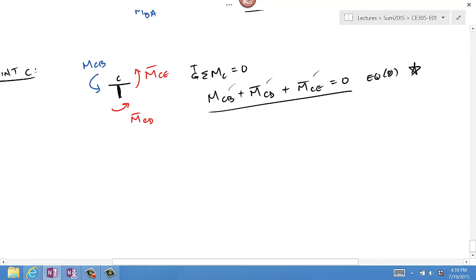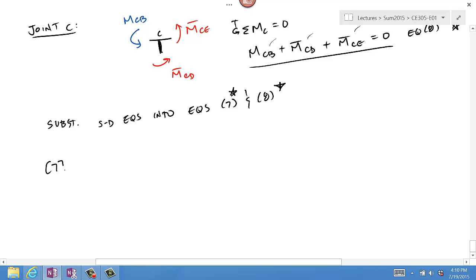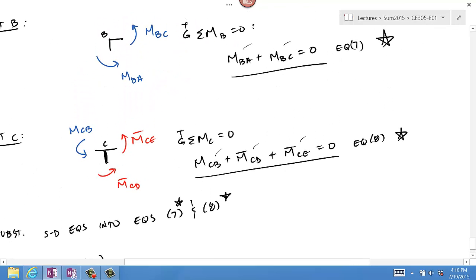So let's demonstrate this. Equation 7, that's the first star equation. We have 21482 theta B, this is MBA, plus MBC equals 0.